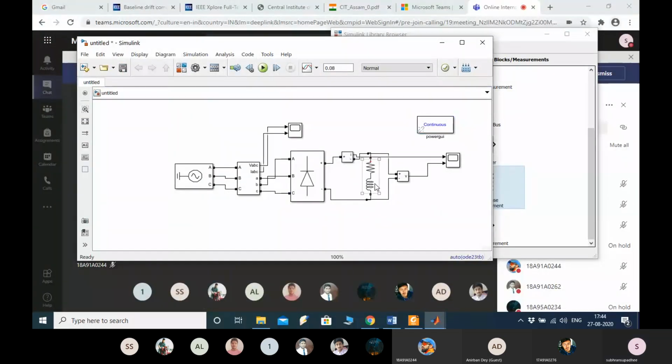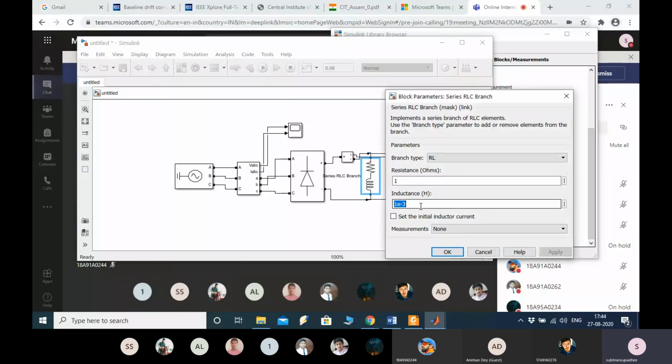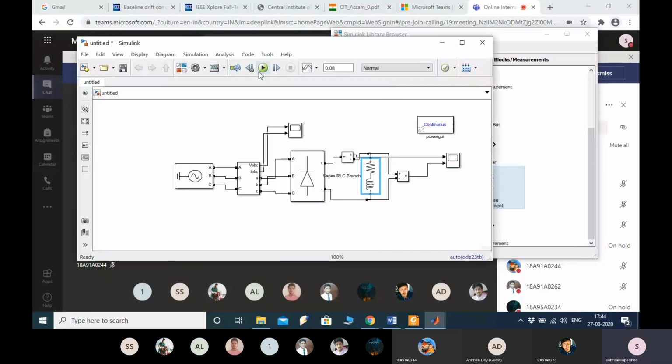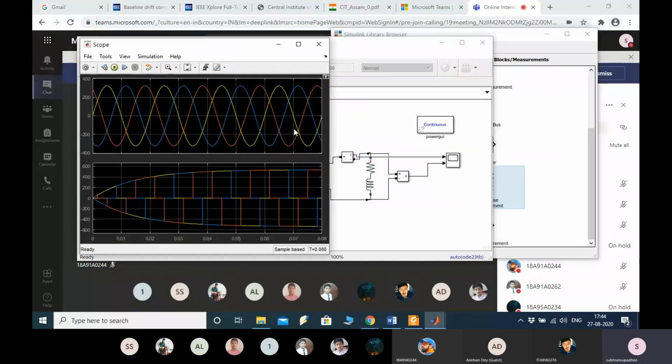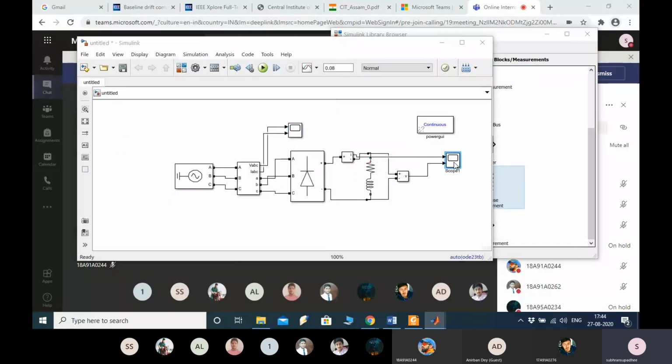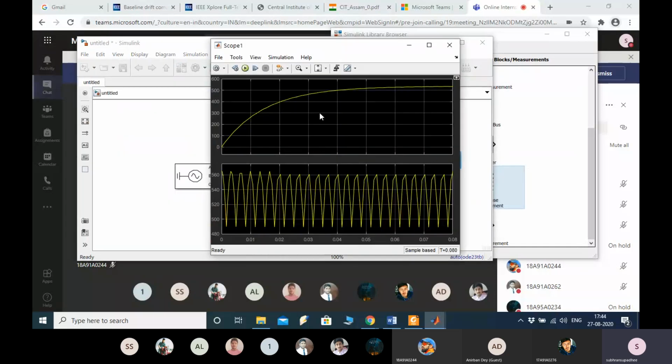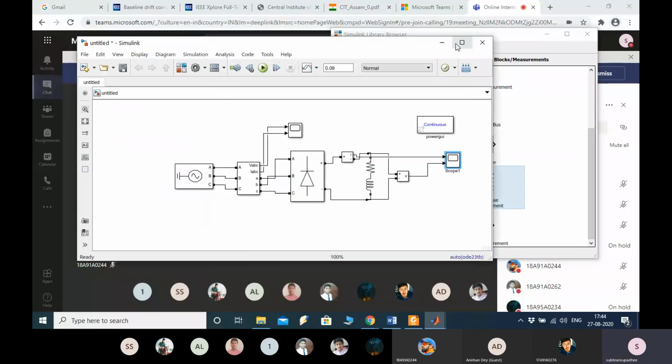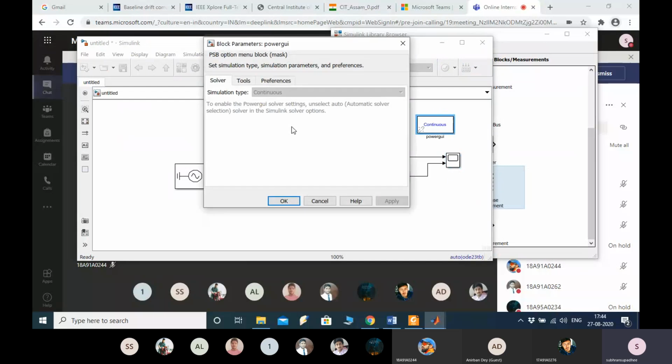Close it down, and if we increase it, then see what is the outcome, on the source side as well as the load side. Here, see the source side is also changing, and the load side current is also changing very much. So let's do the THD analysis again.